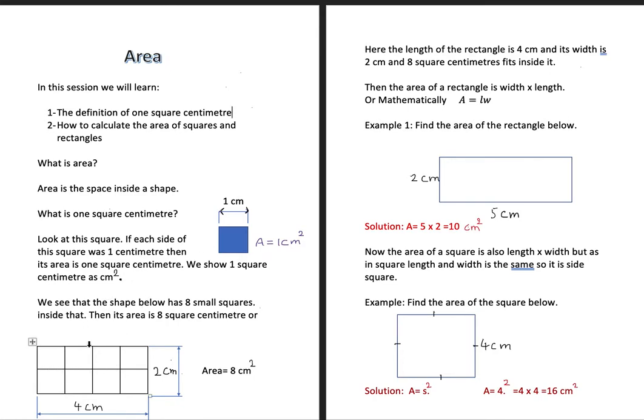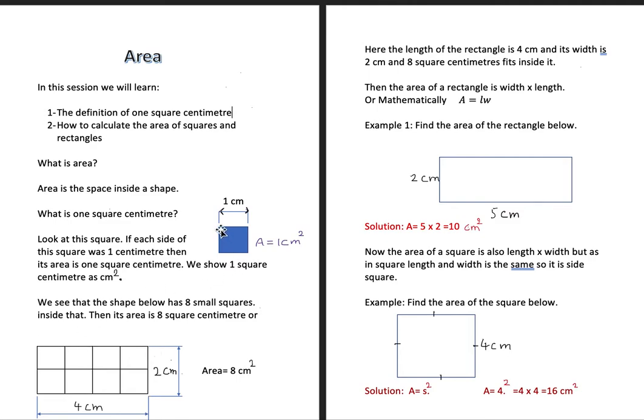For instance, here we have a rectangle. Its length is 4 centimeters and its width is 2 centimeters. We want to see how many of this we can fit inside that.